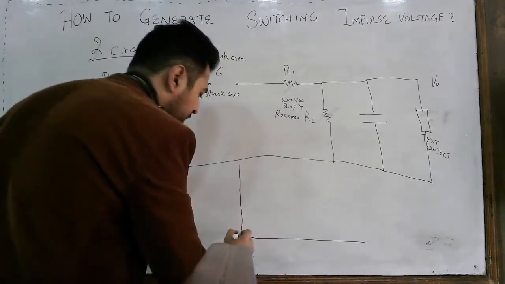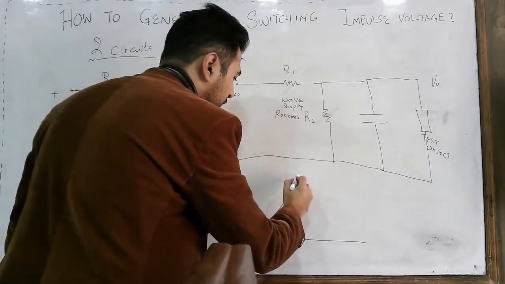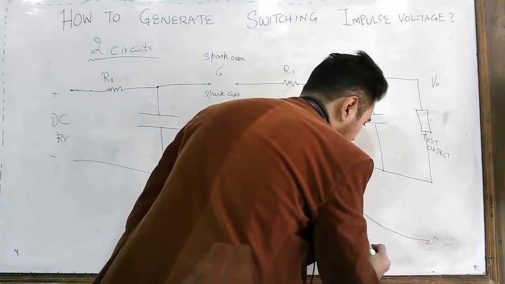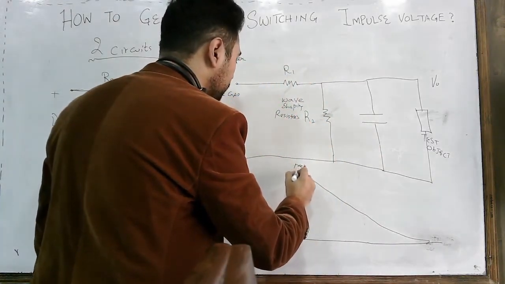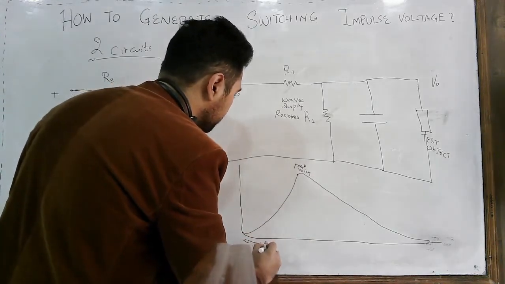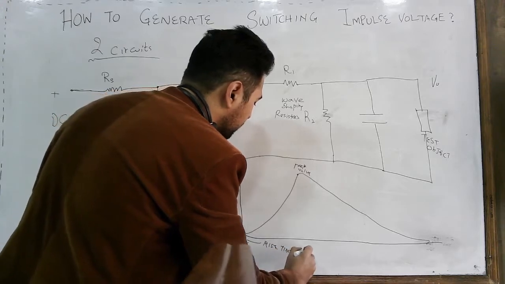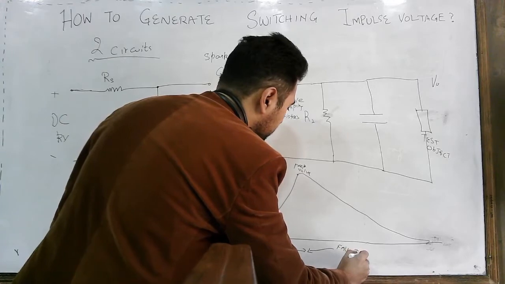You will first reach the peak value, and then there is a fall time. This is the peak value, and here you have the rise time, and here you have the fall time.